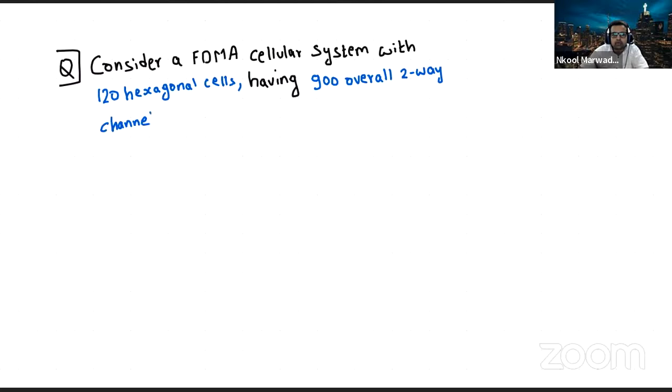Now see what will happen. It is also given, one more important observation: if this region has to be grouped into clusters, with cluster size, I will directly write in the bracket, cluster size capital N is equal to 12.